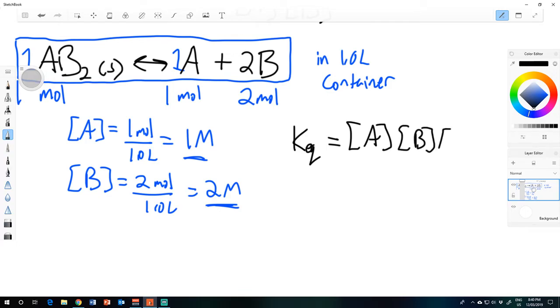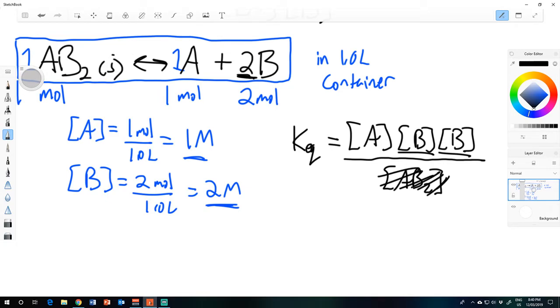I'll write it this way because, again, in the equilibrium expression we put in the product the number of times it appears in the actual reaction. So this appears twice in the reaction, so we put it in twice in my equilibrium expression. And then the concentration of AB2, like this, but this is a solid, so it doesn't actually matter because it's a solid.